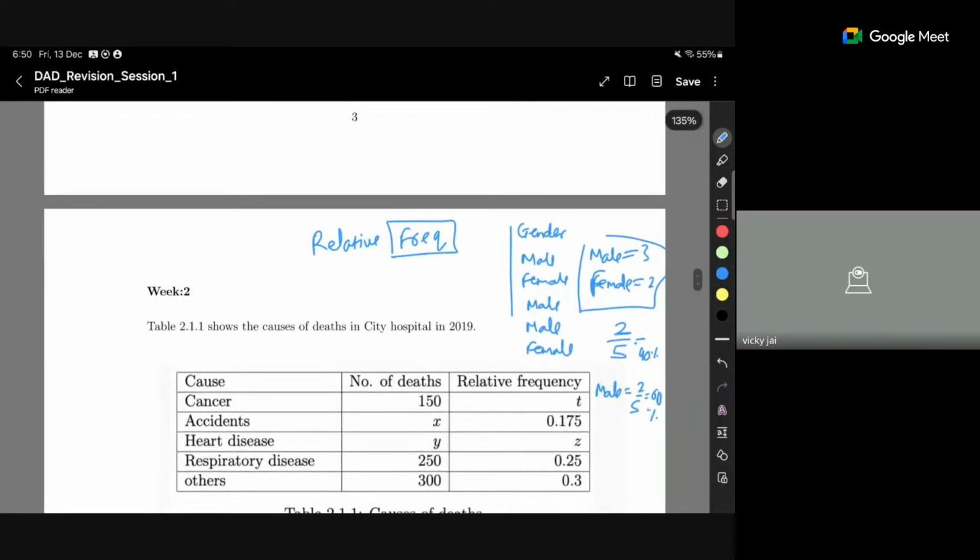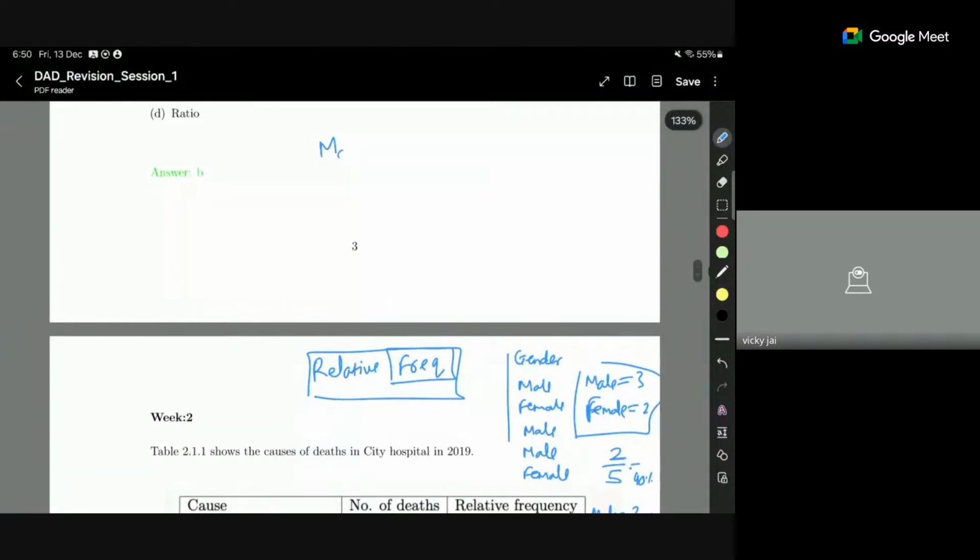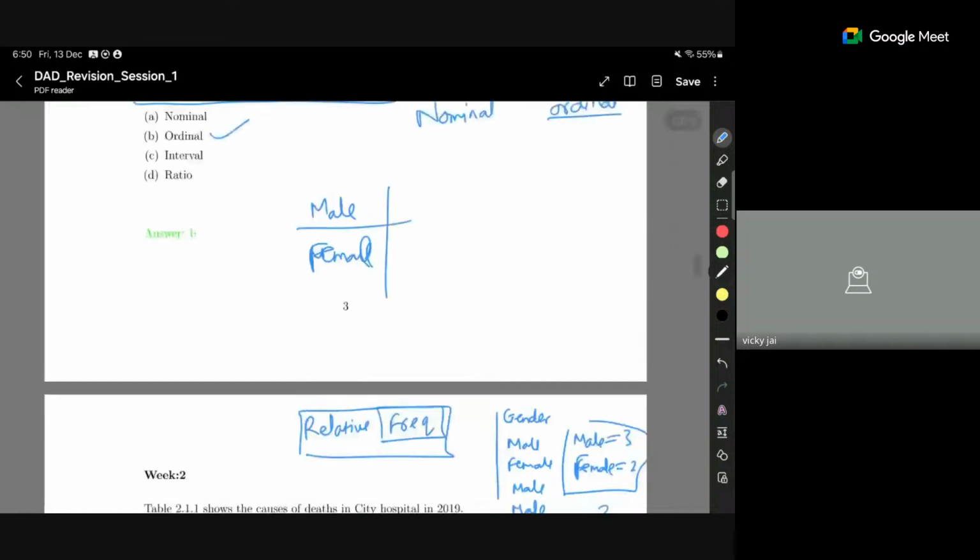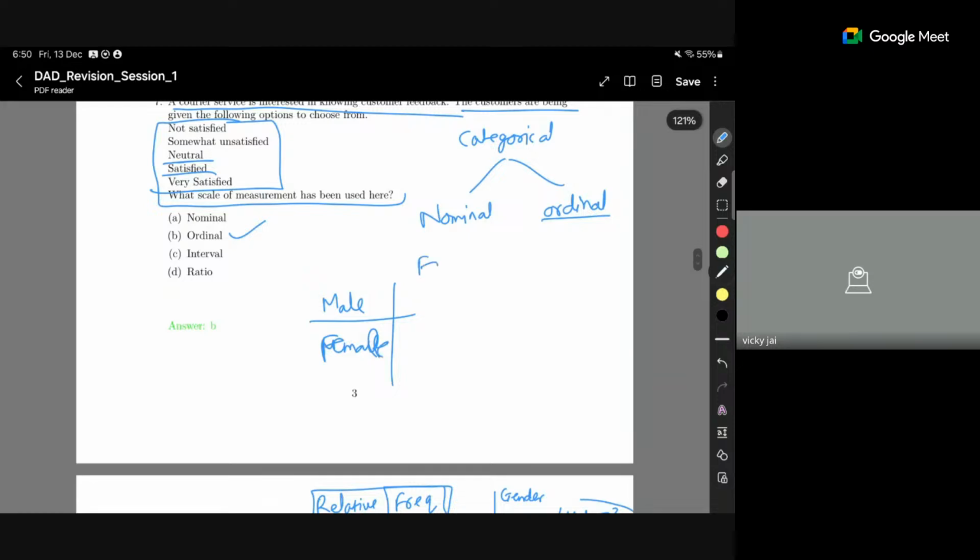That percentage is also relative frequency. So if male and female are there, the frequencies are 3 and 2. If I ask you what is the relative frequency, that is nothing but the percentage, or whatever this number is divided by total.